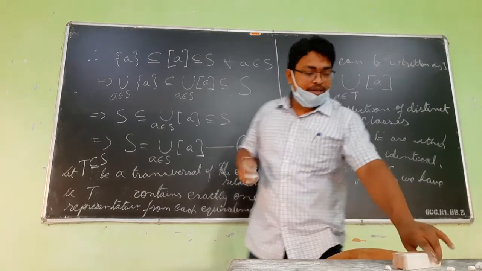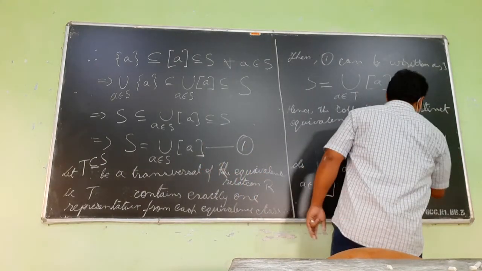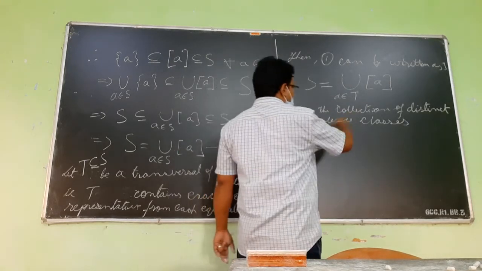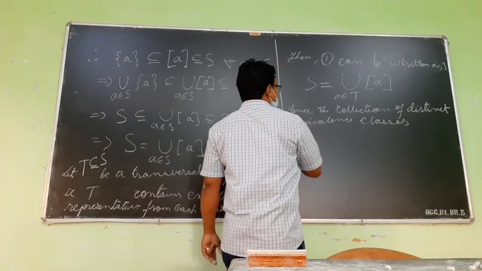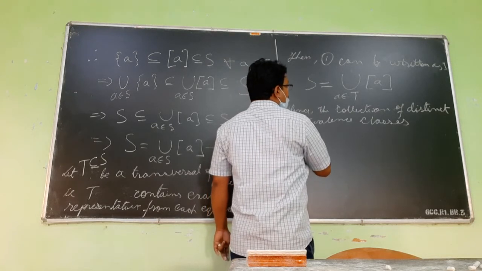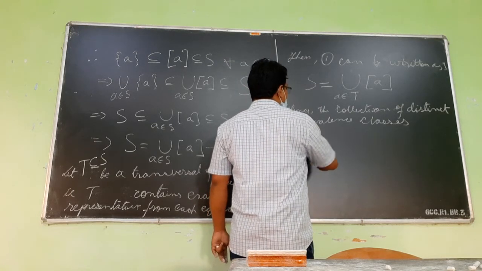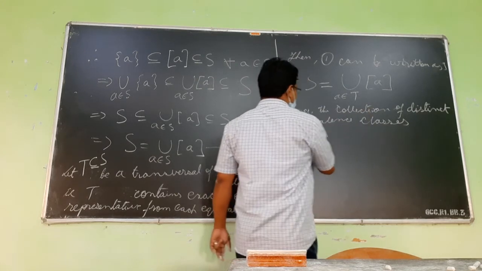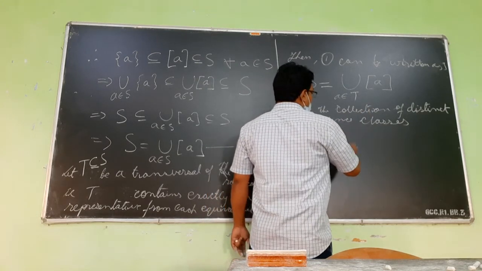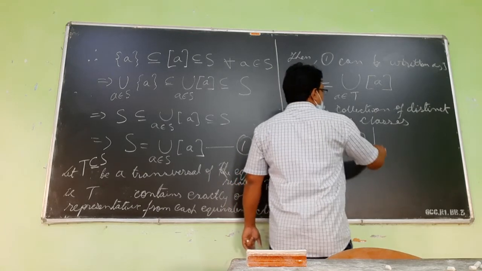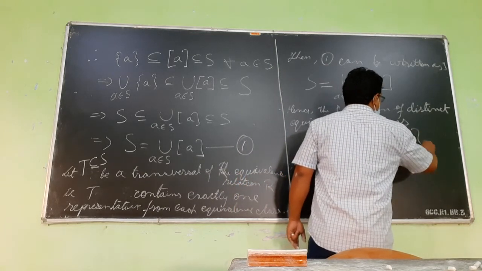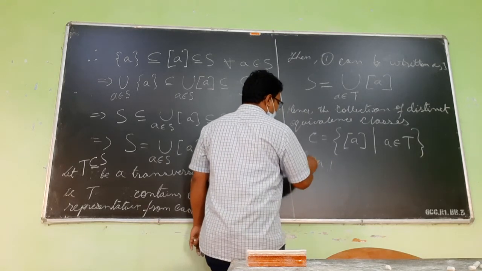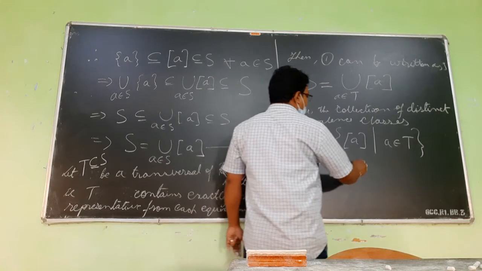Okay, so we have collected only distinct equivalence classes. We have avoided the repetitions. Hence, the collection of distinct equivalence classes, let us write it as C equal to class A such that A belongs to T, forms a partition.